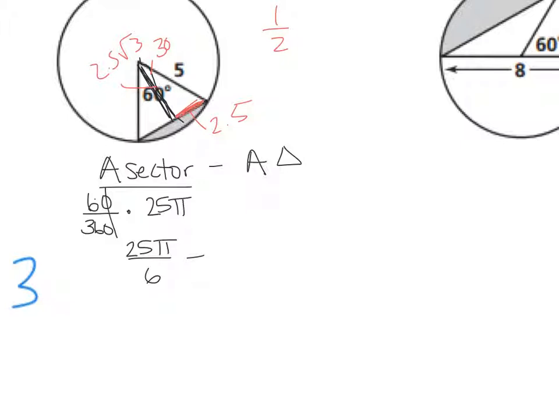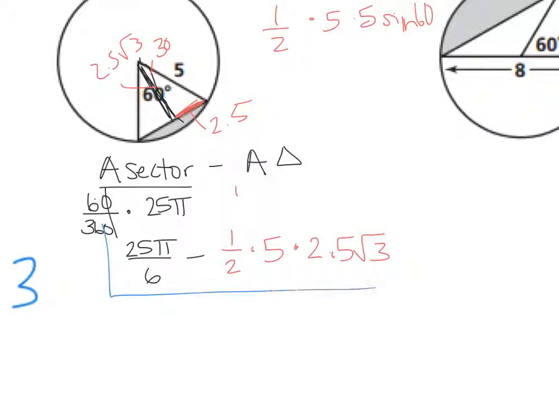It would be 1/2 times 5 times 5 times sine of 60. You can do that too, but I'm just going to do 1/2 the base, which is 5, times the height, which is 2.5 root 3. In the end, you'd put this all in your calculator and then round to the nearest inch.